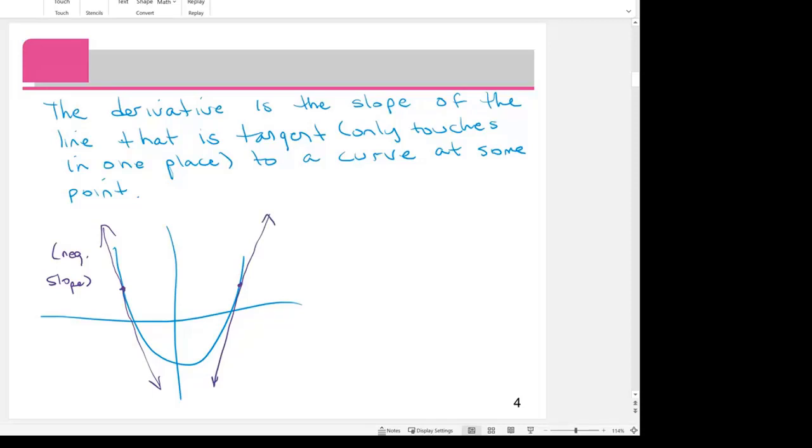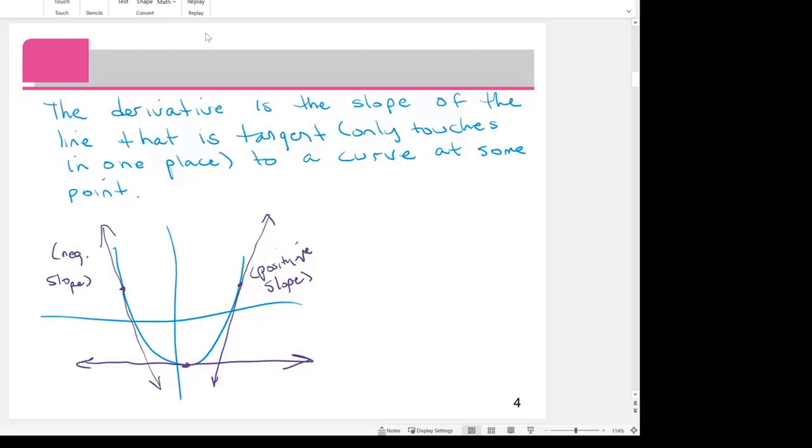And now we can see this has a positive slope. So we can see that depending on where on the curve I pick a point to find the slope of the line that's tangent, depends on what point I pick. If I pick a point down here at the vertex, my tangent line basically is horizontal.